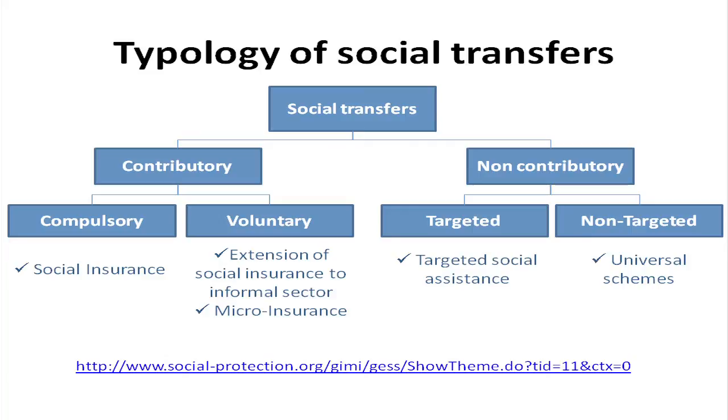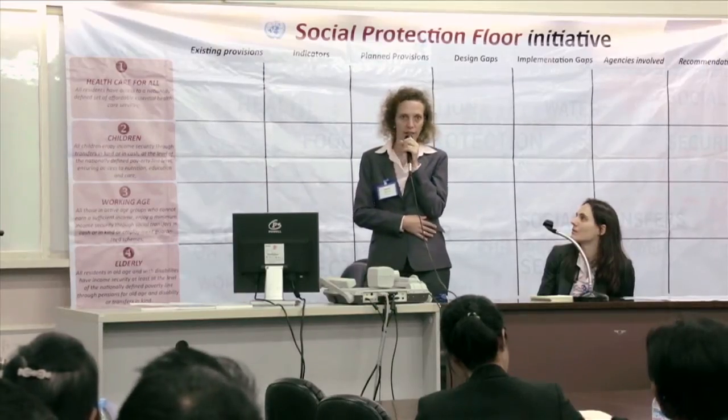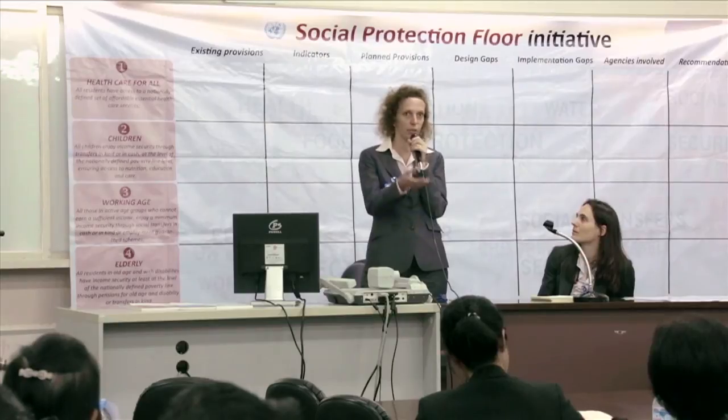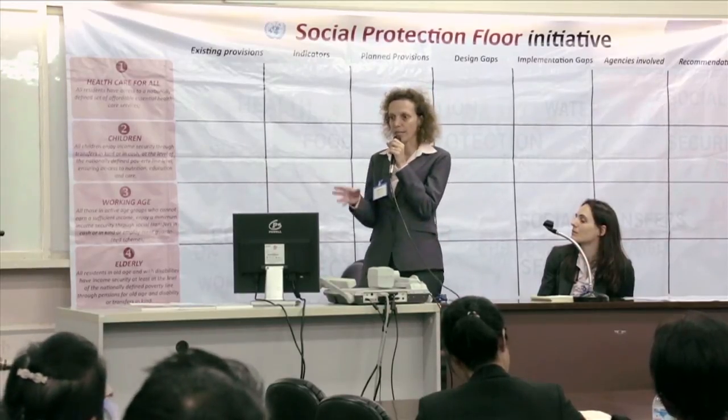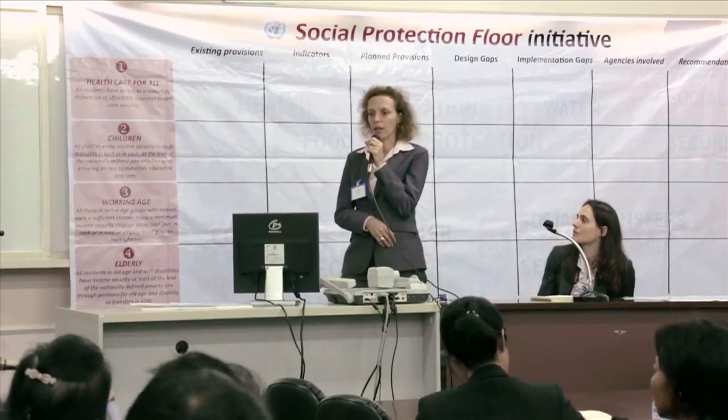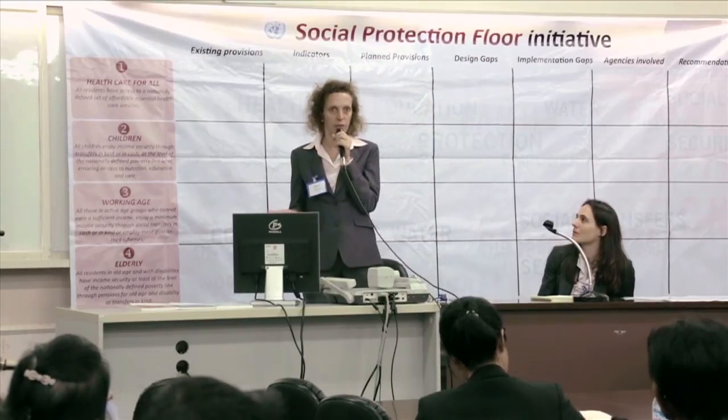Targeted means that you will target only certain groups of people, the most vulnerable usually. This can be conditional cash transfer, targeted access to healthcare through, for instance, the Jamkesmas scheme in Indonesia, which is really targeting the poorest.